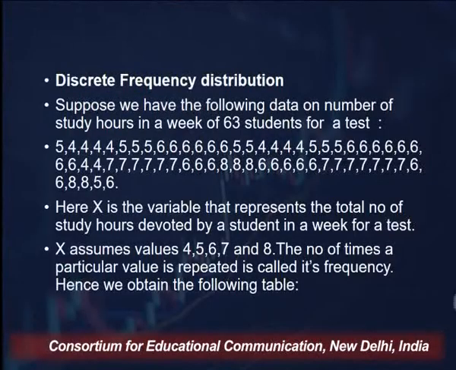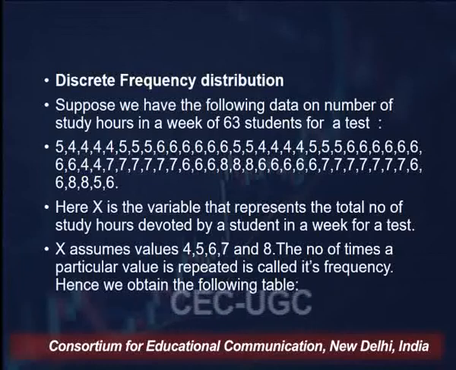Here we are basically aiming to look at how the frequencies are distributed over the different values of the variable. Consider an example where we have data on 63 students, and we ask them the total number of study hours they are giving in a week to prepare for a test.